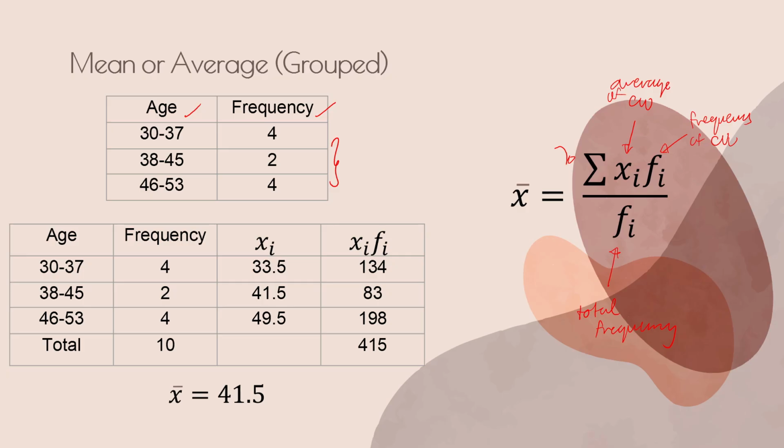In this case, we're going to compute for the x sub i first, and again, it's just simply the average. Simply take 30 plus 37 and then divide it by 2. 38 plus 45 divided by 2. 46 plus 53 and then divided by 2, and you get your x sub i.